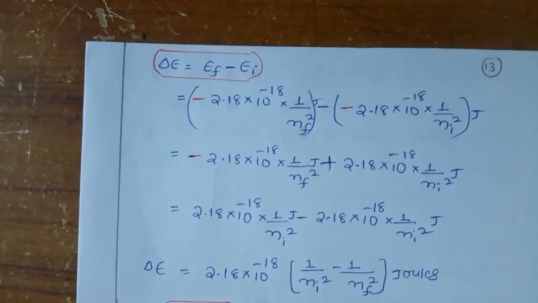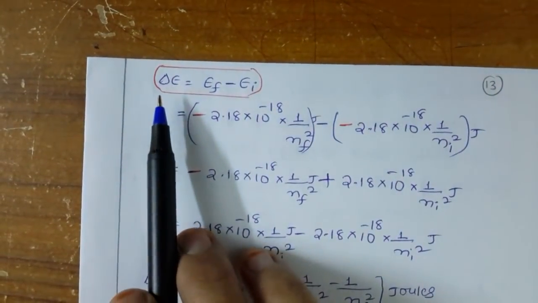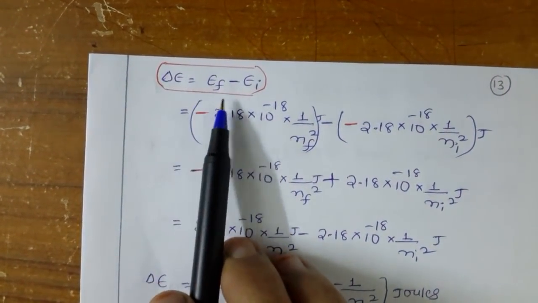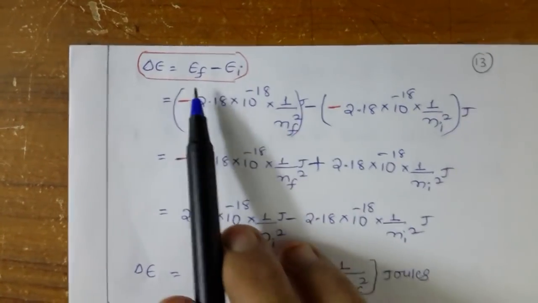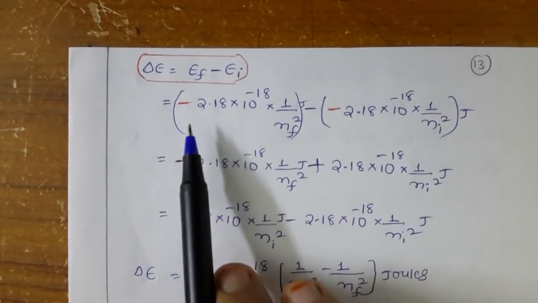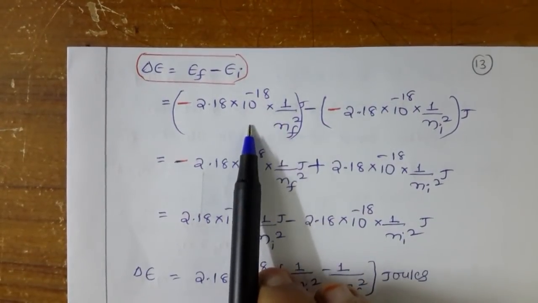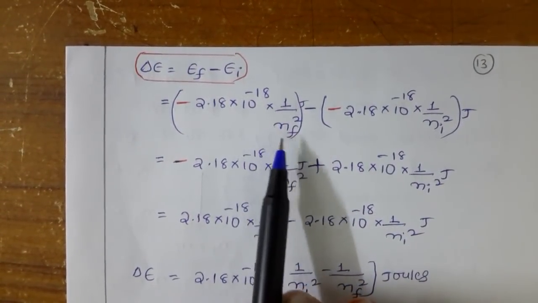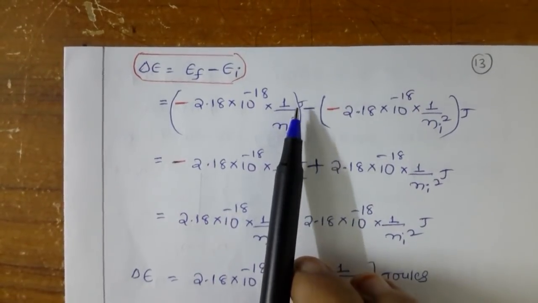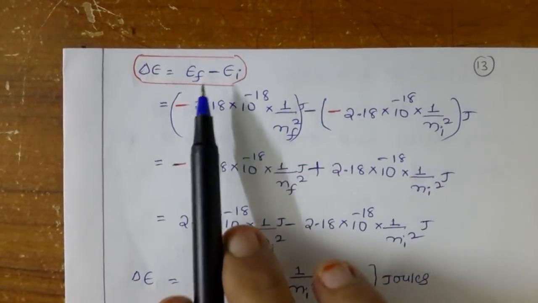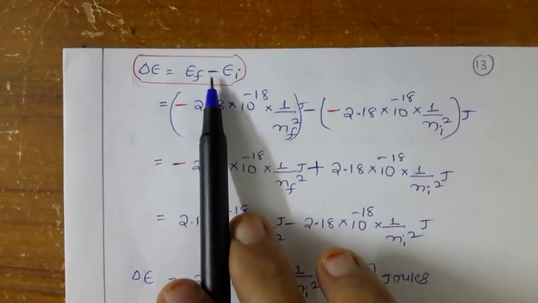Okay. Next. Here we have the expression delta E equal to E final minus E initial. Now substitute the values here. So E final is minus 2.18 into 10 to the power of minus 18 into 1 by n final square joules, already we have in the formula expression.